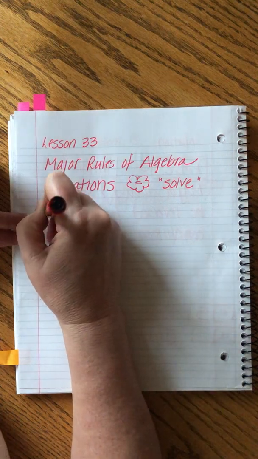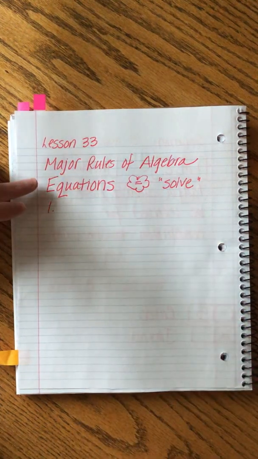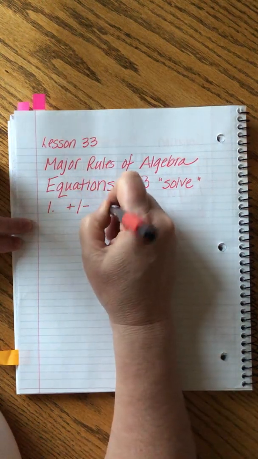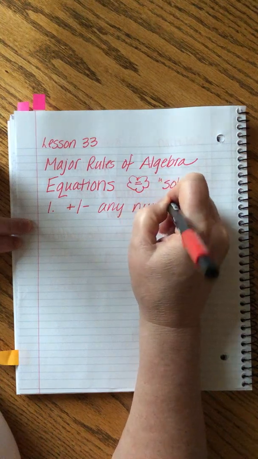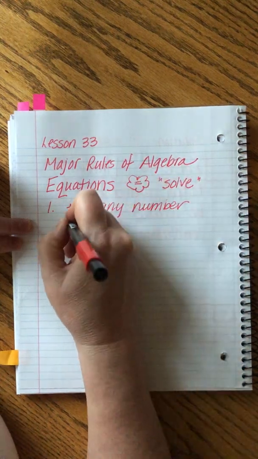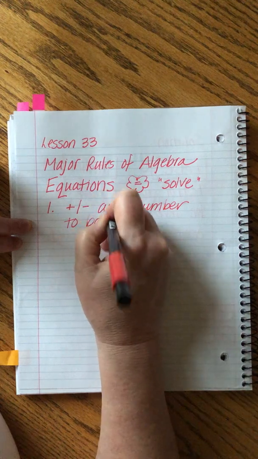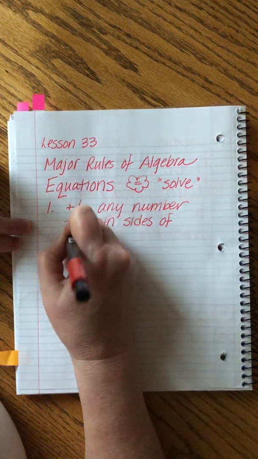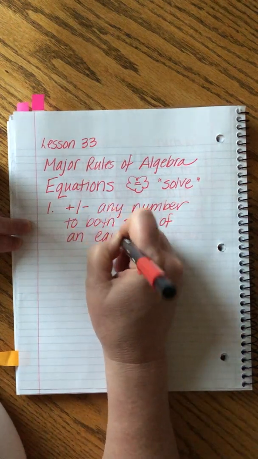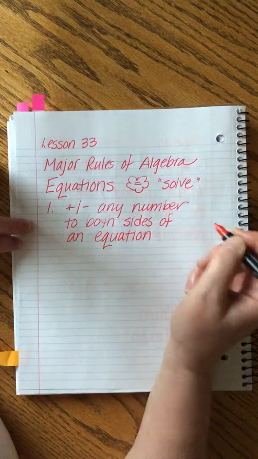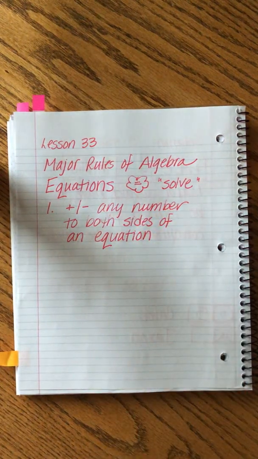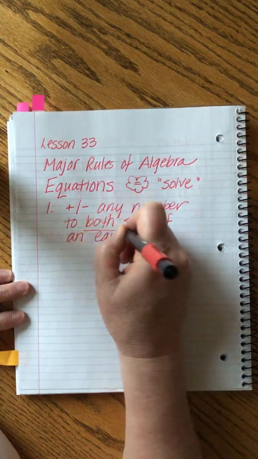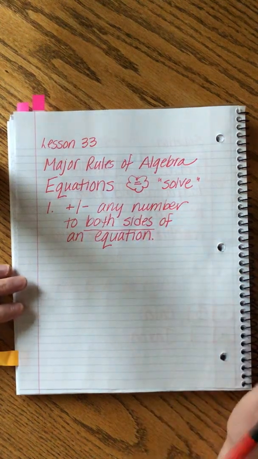The first of the major rules of algebra that relate to equations says that you can add or subtract any number to both sides of an equation. We do this all the time, right? That's what swimming is, right? We're adding or subtracting, and as long as you do it to both sides, you're fine. It's perfectly allowed.